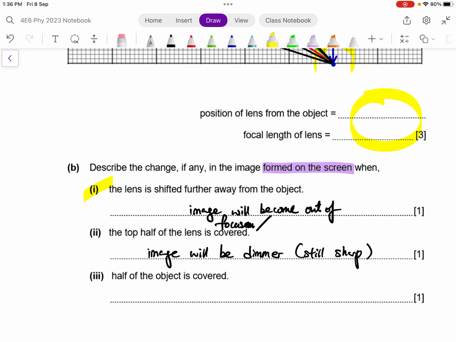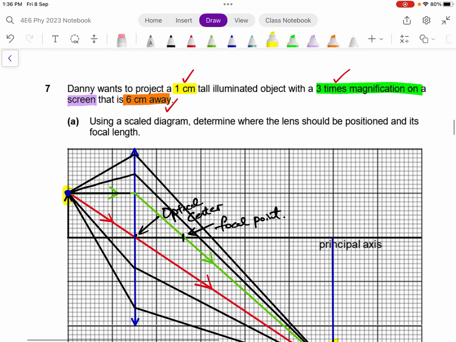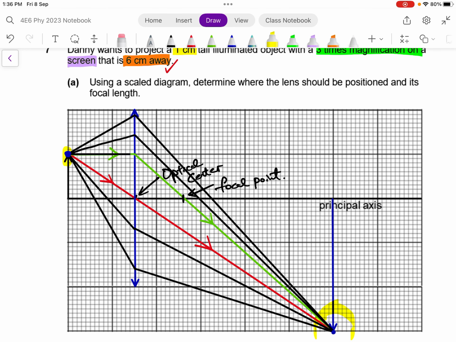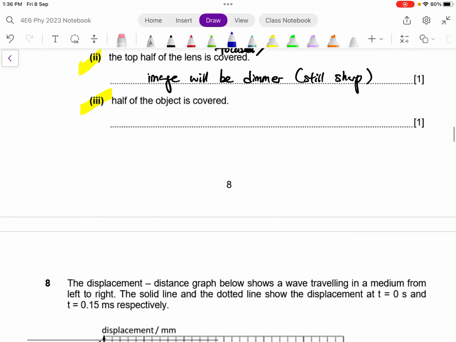Half of the object is covered. Now the object is where the light gets emitted. So if you cover half of the object, it means what? Only half the image will show. Correct or not? So because of that, you will only have half of the image, because your object is the source.